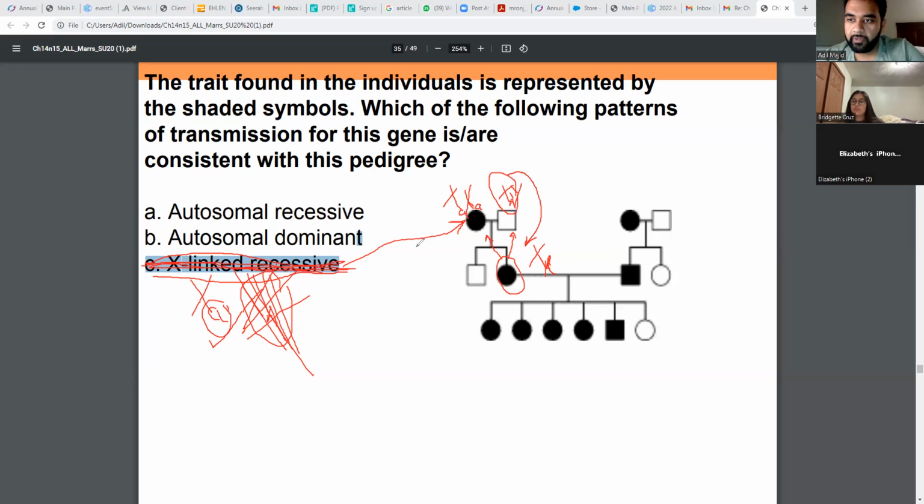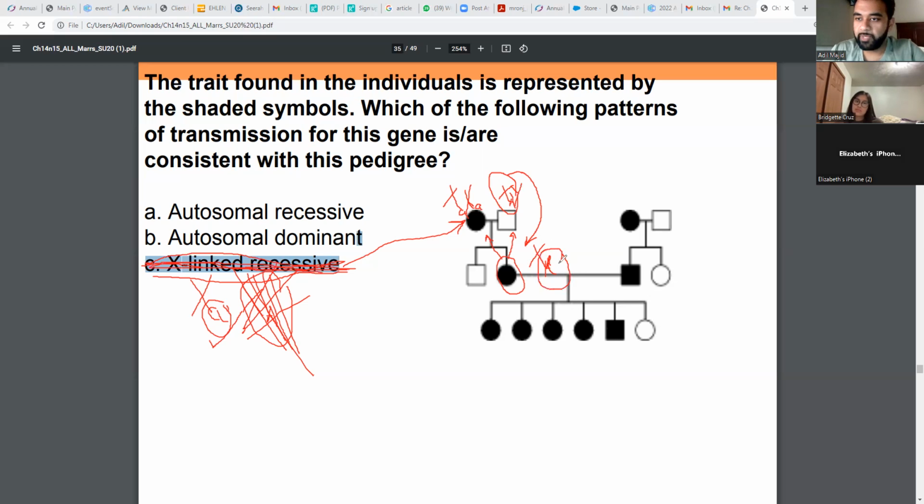Okay? Because one of your X's for this girl is going to come from the mom, one is going to come from the dad. The dad only has an X big A to give. And in order for the trait to show, if it's X-linked recessive, there can't be any big A's present.